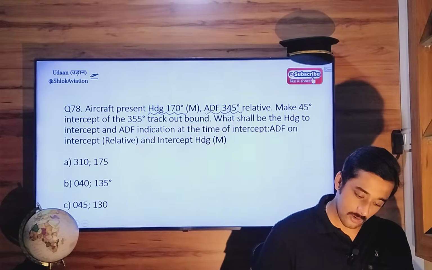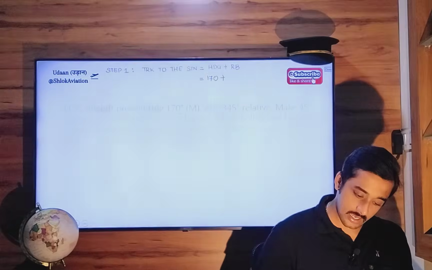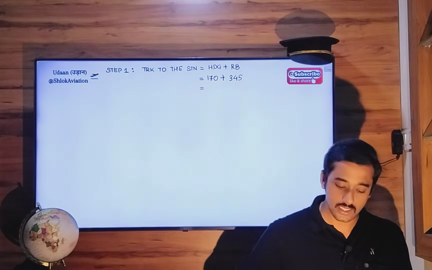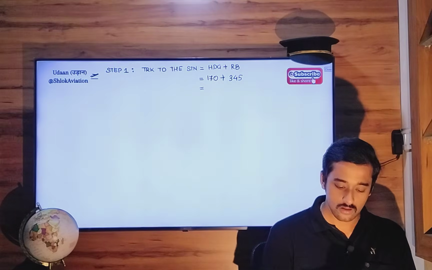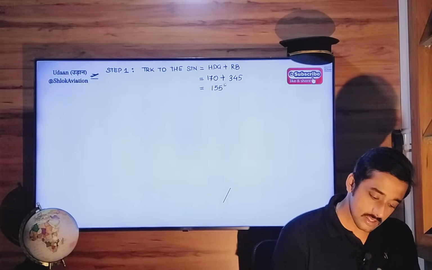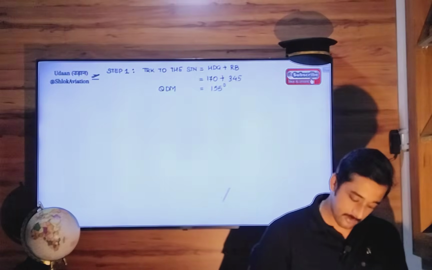Currently heading of your aircraft is 170-degree magnetic. Relative bearing is 345 degrees. So 170 plus 345, 515 minus 360 is 155. That means QDM, magnetic bearing to the station, is 155 degree.